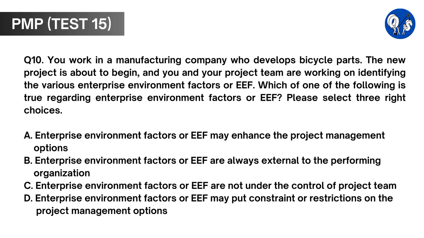In the above scenario, the option that says enterprise environmental factors are always external to the performing organization is not true, because enterprise environmental factors can be internal too, such as internal infrastructure, computer systems, networks, software, etc. used by the performing organization.